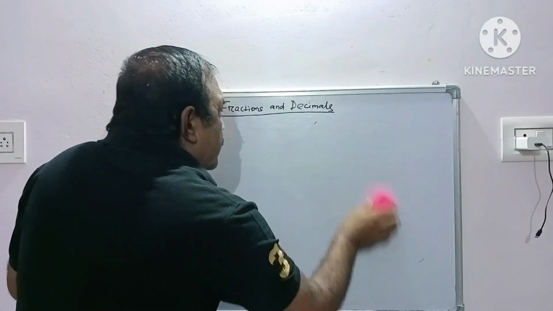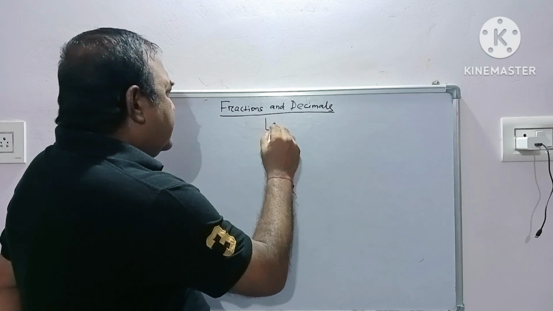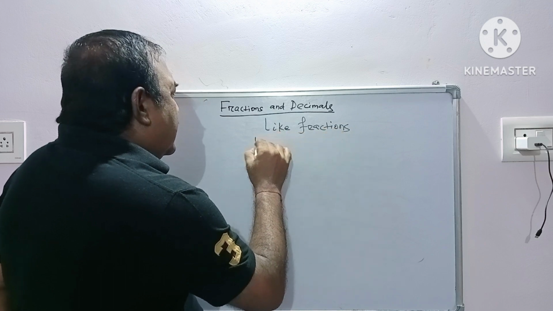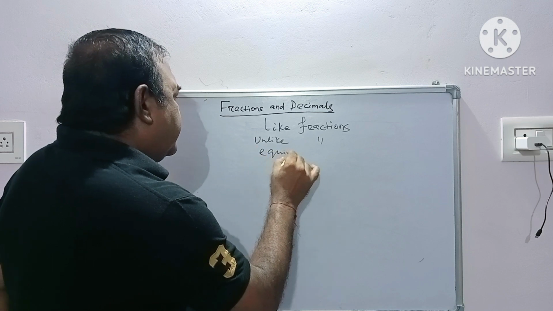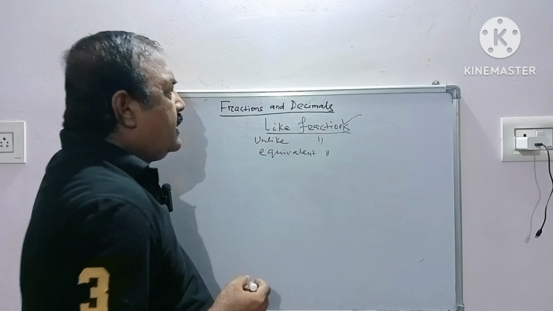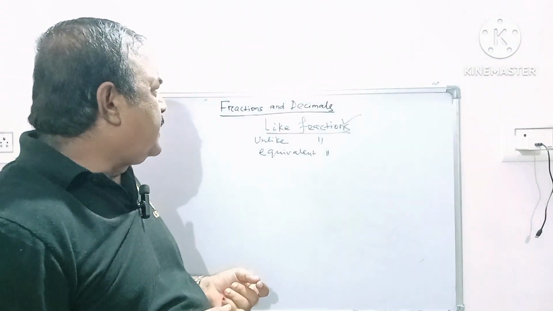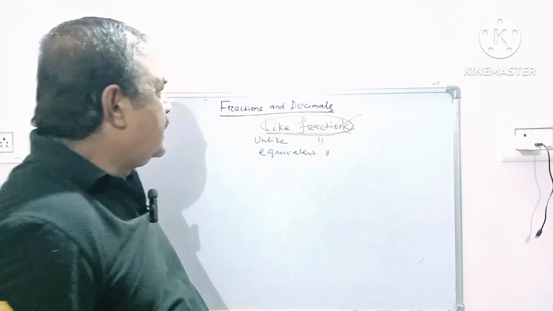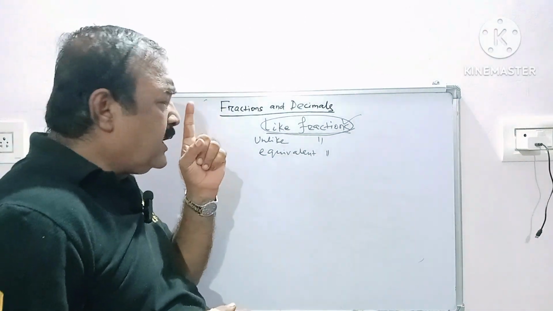Now we will discuss some more types of fractions: like fractions, unlike fractions, and equivalent fractions. What are like fractions? We will have to compare the fractions. In case of like fractions, a number of fractions will be there, but we have to mark whether the denominator is the same or not.